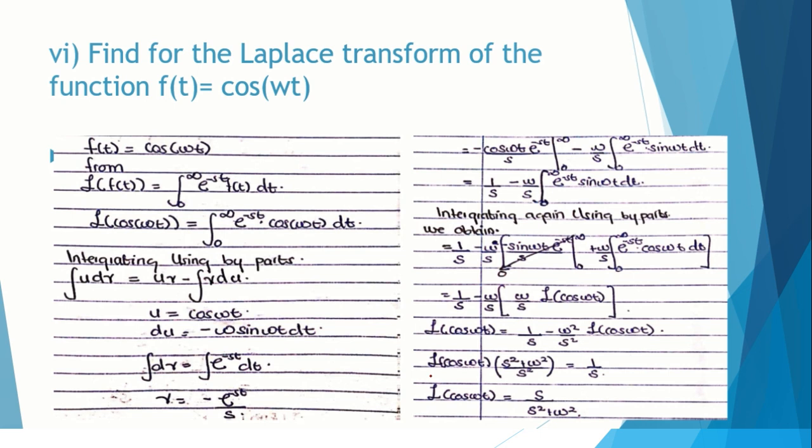So we go on to the function being equal to cos omega t. As we've solved the previous identity, this is how it is going to be done on this one, because they are all trigonometric functions.